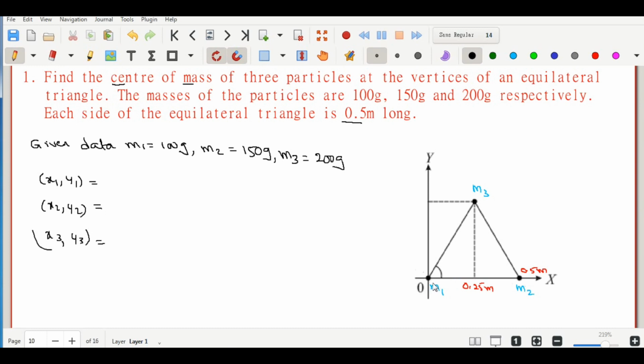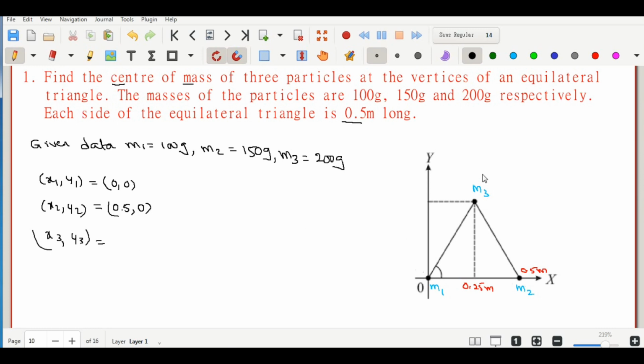If you consider m1 here, the location of m1 is x1, y1, where x1 is 0 and y1 is also 0. This gives 0, 0. Then x2, y2: at mass m2, the location x2 is 0.5 meters and y2 is 0.